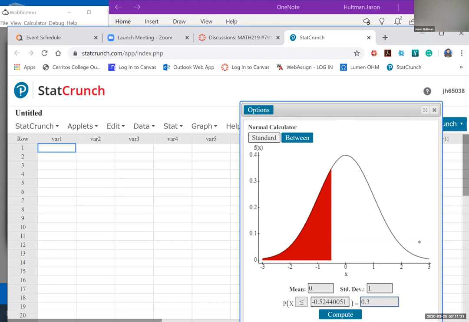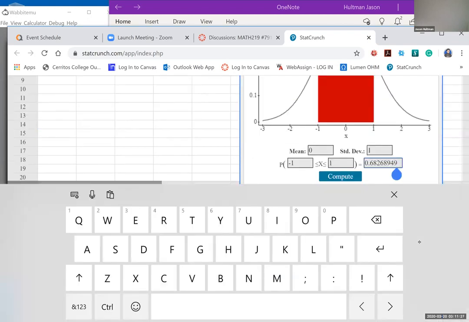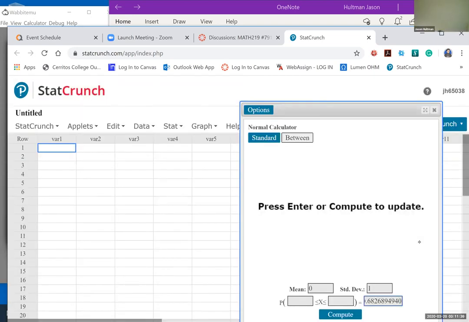Okay, if you want between two values, I could say, well, between what two values is, say, 40%, 40th percentile. Okay, so 40%. Oops, let me get rid of this guy.